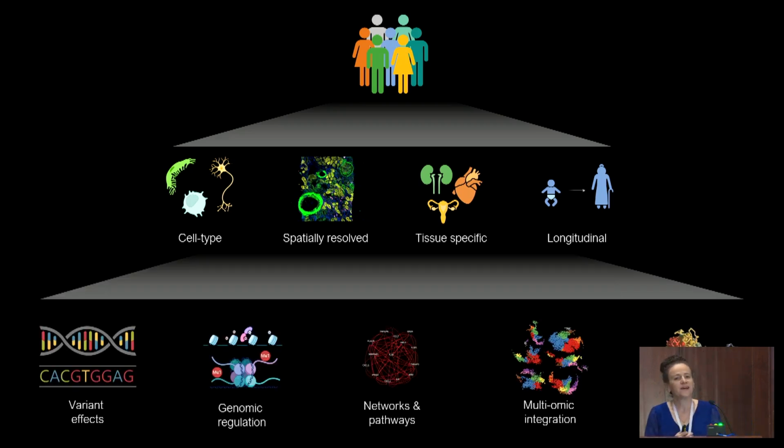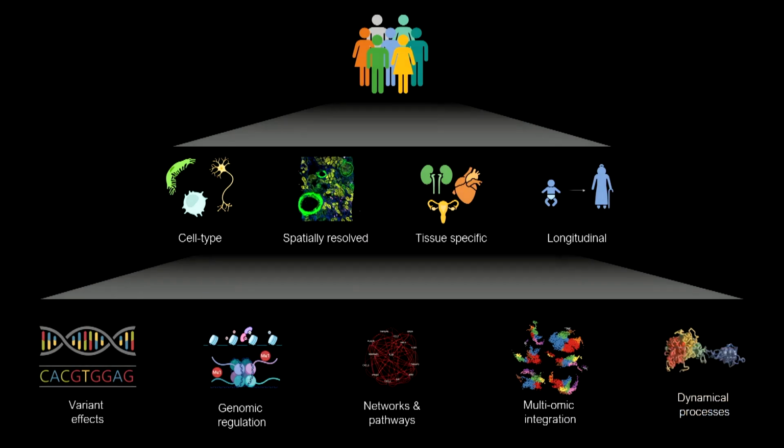There we go. Specifically, we need to be able to answer all of these contextual questions, first at the level of interpreting the genome. What I mean by that is thinking about the whole genome, interpreting every non-coding variant in terms of its transcriptional and post-transcriptional effect, and then integrating that with the coding disruptions, putting all of that in the context of how it manifests in genome regulation, be that epigenetic regulation and RNA metabolism, and then bringing that all the way to being able to model networks and pathways.